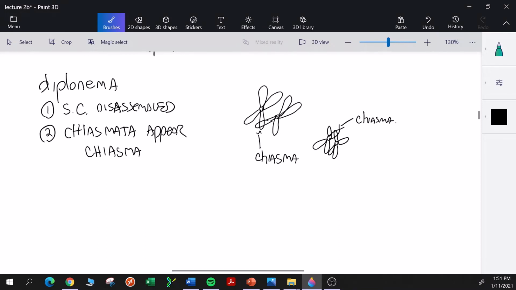Those are the points where crossing over occurred between the homologous chromosomes. And they're important because the synaptonemal complex has disassembled, so nothing's holding those homologous chromosomes together anymore. The only thing holding those together are the chiasmata. So they hold the chromosomes together and keep them from coming apart during Meiotic Prophase One. We don't want them to come apart until Meiotic Anaphase One.